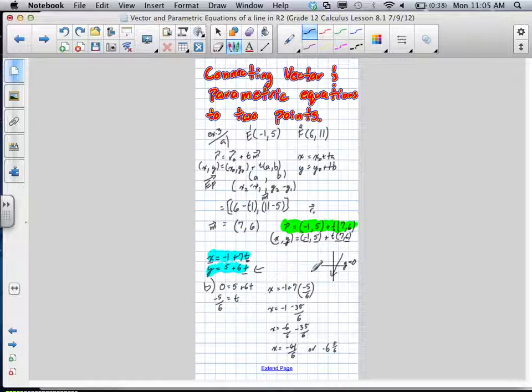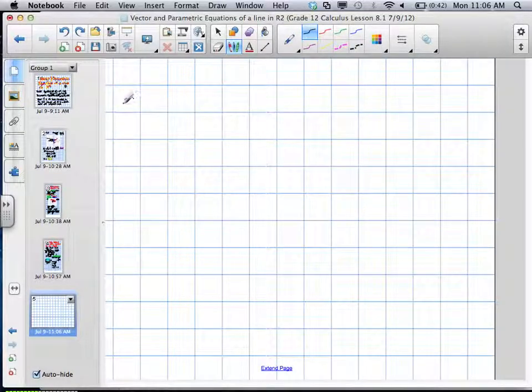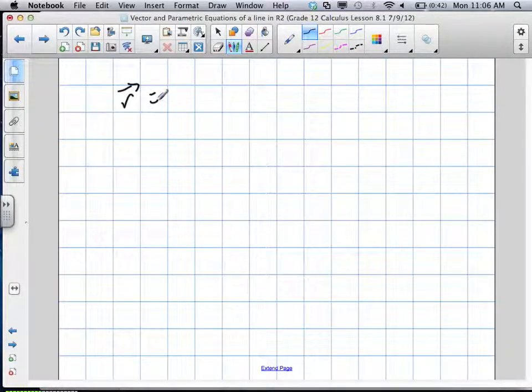Okay, now they've also given us another vector here. They said, can this equation, and we'll write the equation out on the next page, stand for the exact same line?